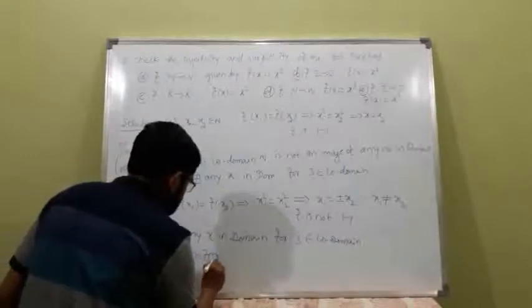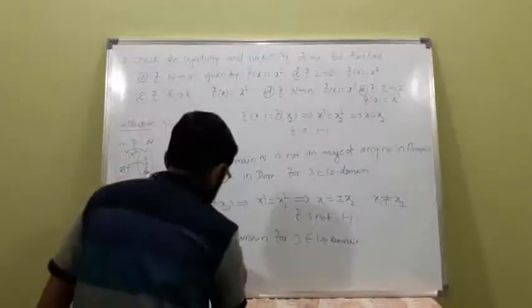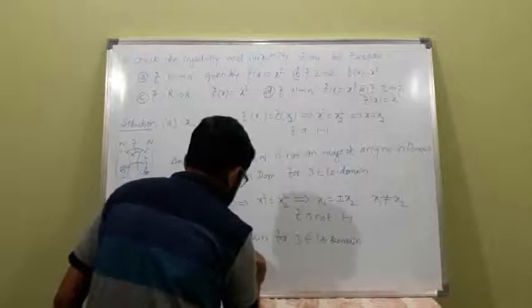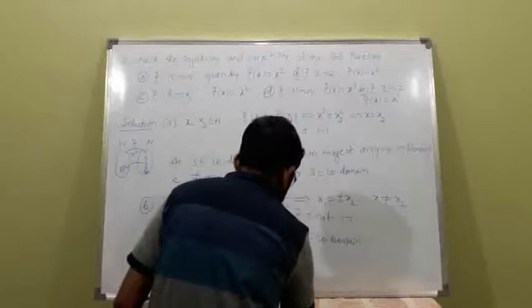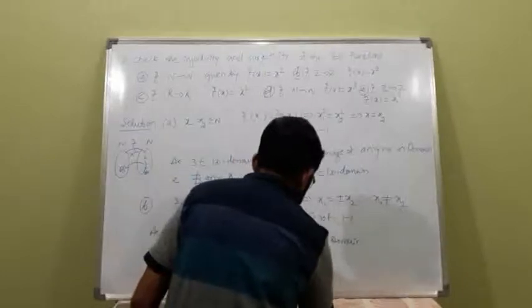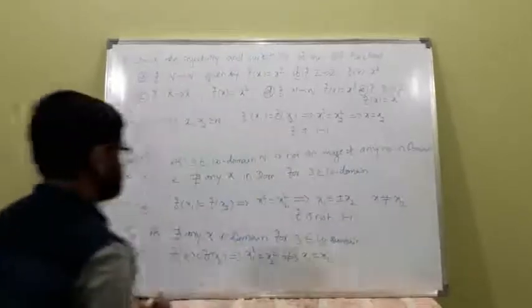is equal to f(x2) implies x1 square is equal to x2 square, does not imply x1 is equal to x2.